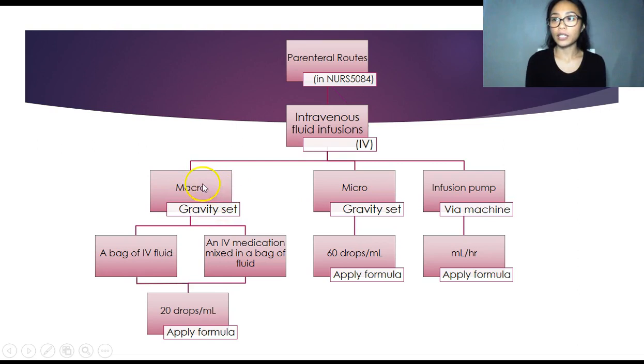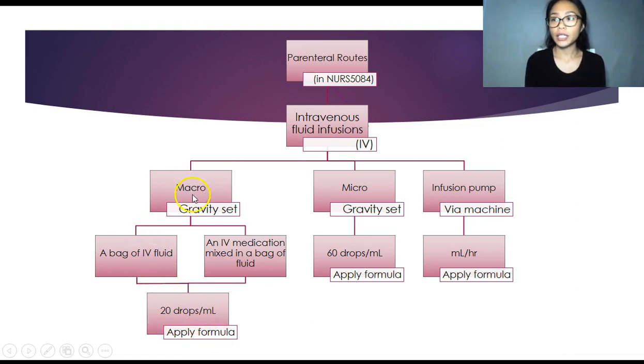So this week, using a macro set, we're going to administer a bag of intravenous fluid through the intravenous route. We need to use a formula in order to calculate the drops per minute flow rate for this giving set and this bag.